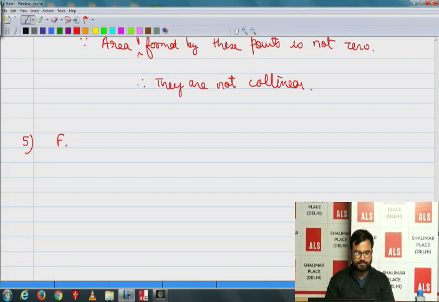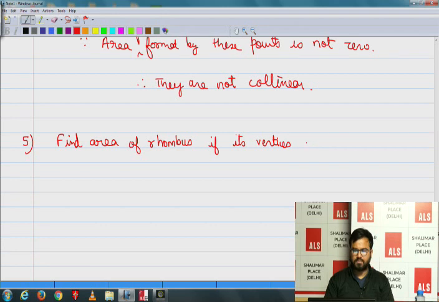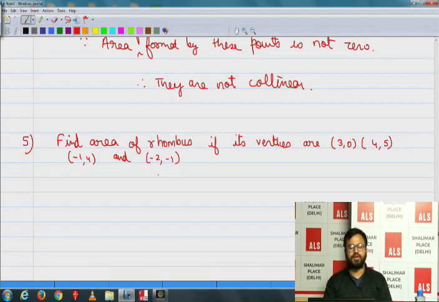It says, find area of rhombus if its vertices are 3, 0, 4, 5, -1, 4, and -2, -1.